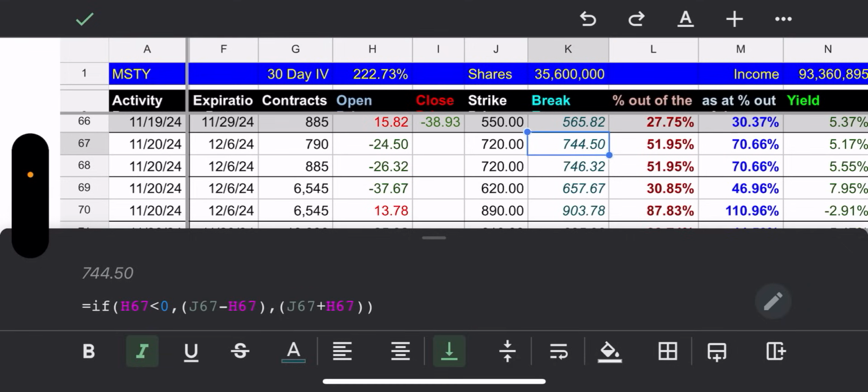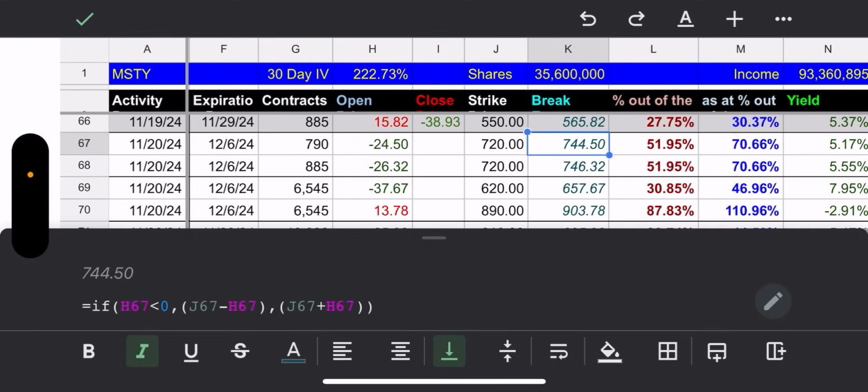Anything above the break even, again, as of the Friday we're talking about, because assuming all time value expires. If they close it out early, all things are out the window because there's a lot of time value in the premium. But, considering that they let it expire for the Friday of 12/6, 744.50, you want to be below that, right? Anything above that, we're losing money because we'd have to pay more than 24.50 to close it. Anything at or below, you're paying 24.50 or less.